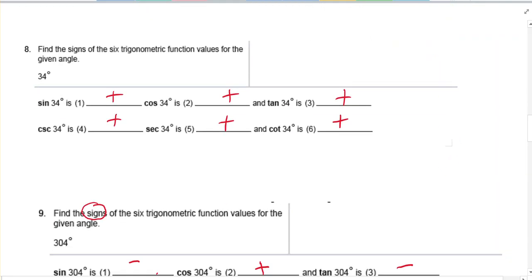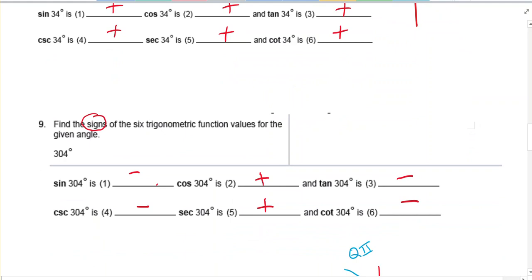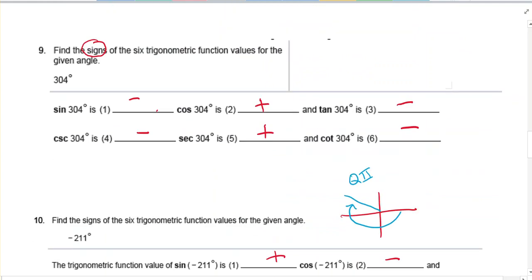Number 8, find the signs of the 6 trig functions for the given angle. So let's think about it. What quadrant is 34 degrees in? Remember, we are 0 to 90, so we're in quadrant 1, and all the trig functions are positive. So you would just have pluses everywhere. Now, how about 304?